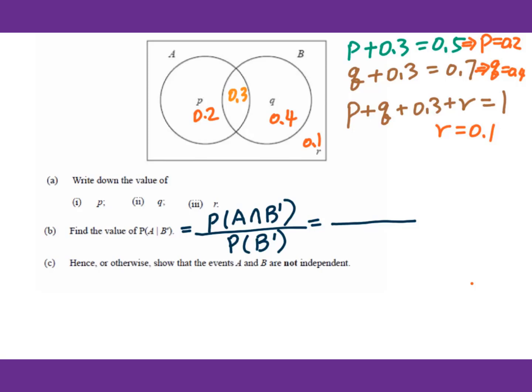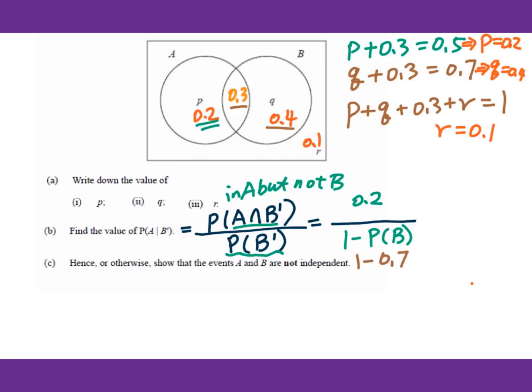A intersect B prime means in A but not B. That's 0.2 over the probability of B prime, which means 1 minus the probability of B. B is 0.3 plus 0.4, adding, that's 0.7.